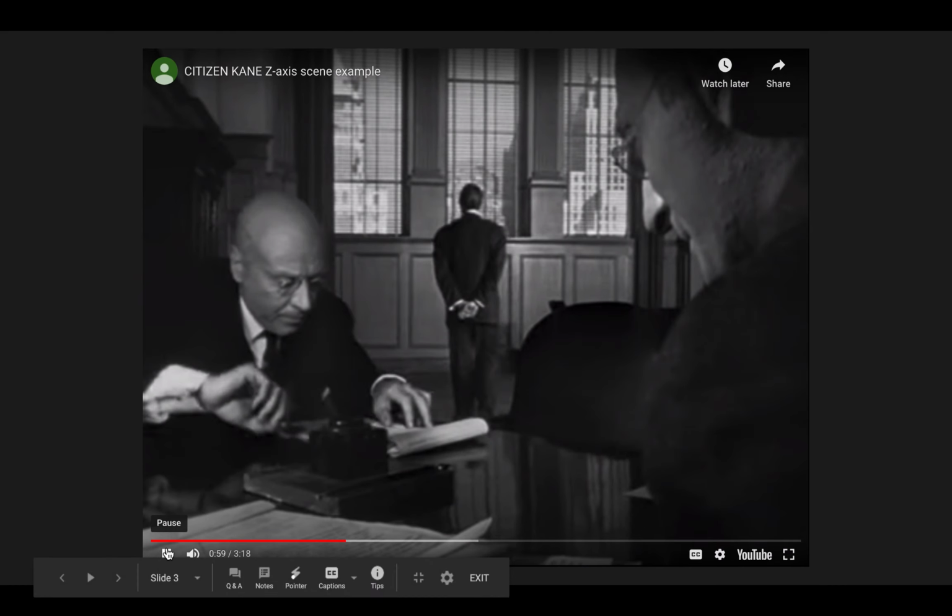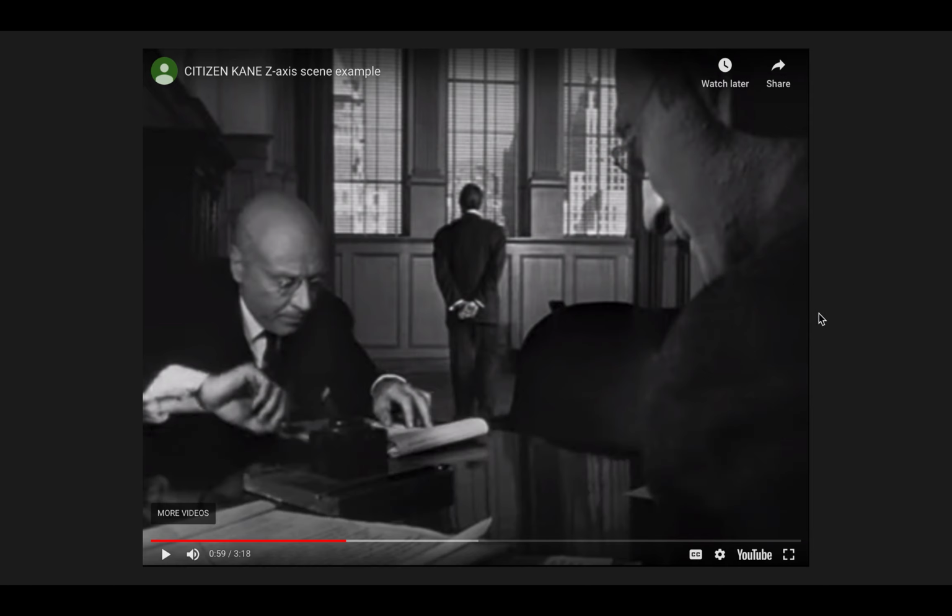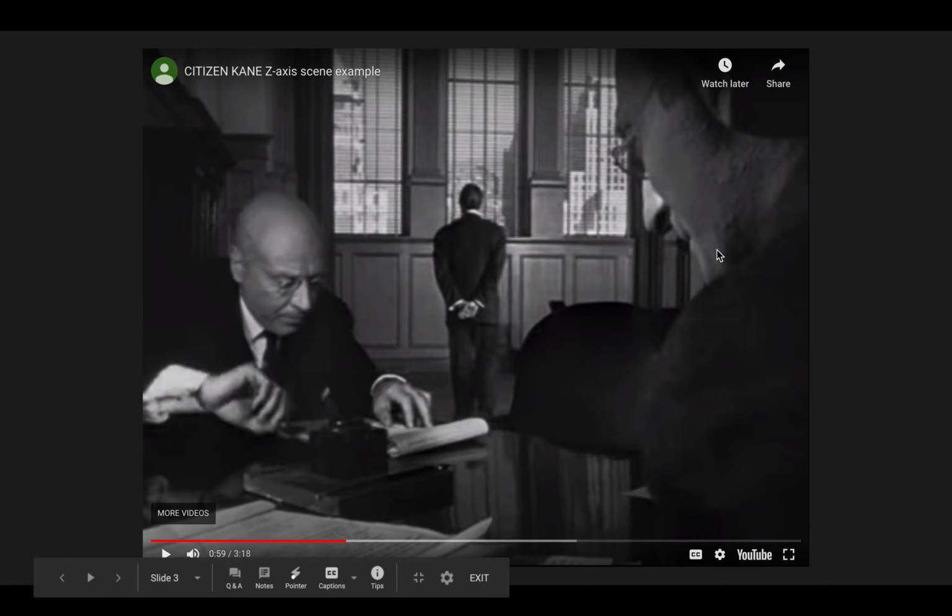So here again, we see almost a similar effect as we saw in the last shot with the window. We have a window in the background. We have Charlie near the window, walking towards the window. But we get this great use of deep space composition. We have Mr. Bernstein here on the right, occupying the right third of our frame.